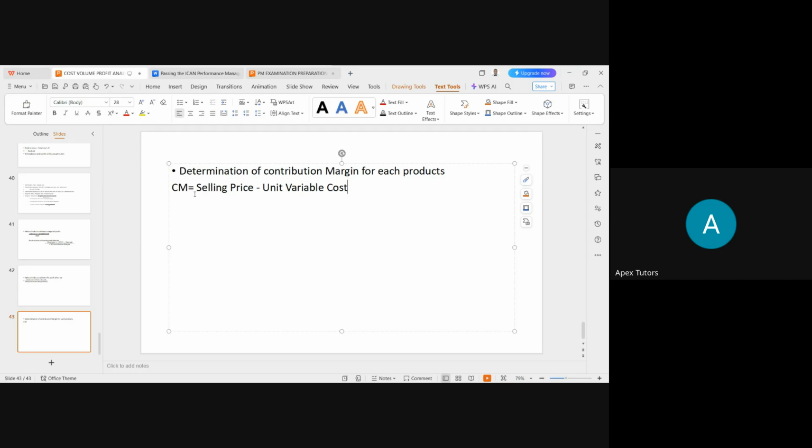So also, you might need to determine the weighted contribution margin ratio. When we talk about weight, your mind should go to ratio.